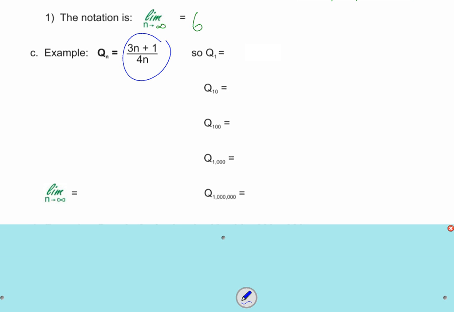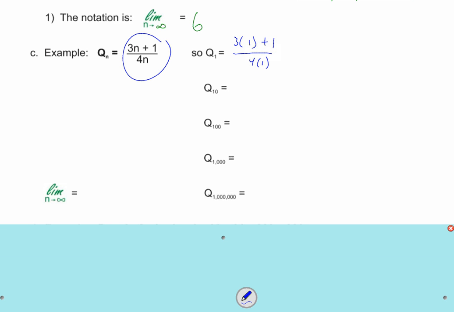What type of formula is this, the explicit or the recursive? It is the explicit, right? We can find any value from it. So we've got the explicit formula. Q of 1 says put 1 in for the n.